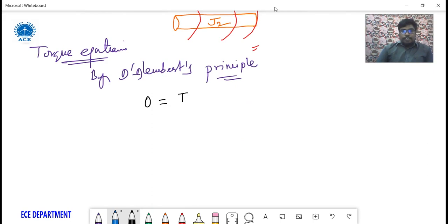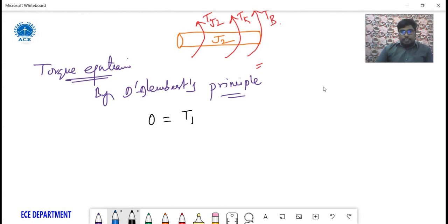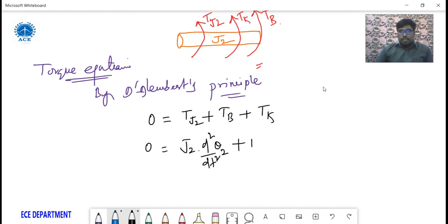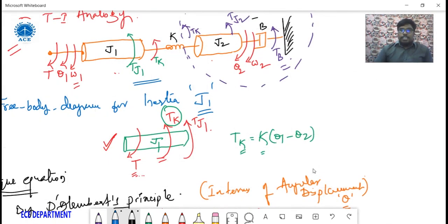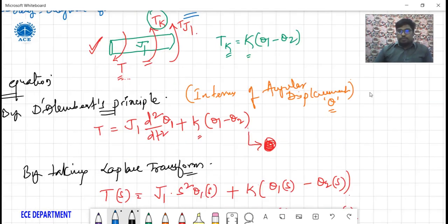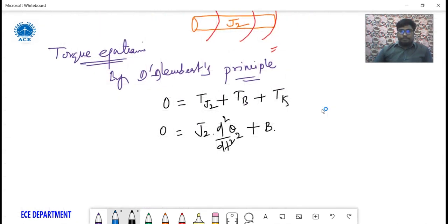So I can write TJ2 plus TB plus TK. Therefore J2 into d square by dt square of theta 2, since we are writing the torque equations in terms of angular displacement, plus B into, see the dashpot is connected directly to ground, so it depends only on the angular velocity of theta 2, which is d by dt of theta 2, plus K, which is connected in between.